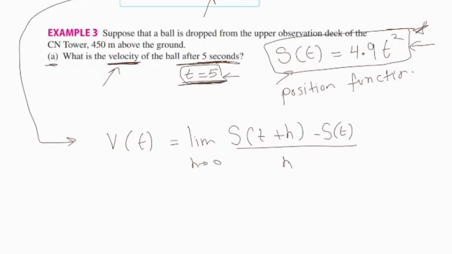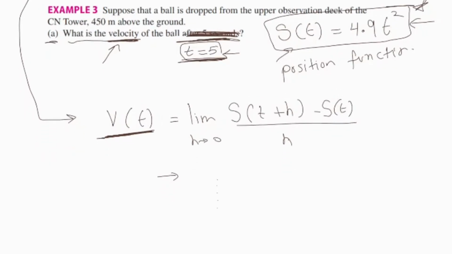If the question was to find the velocity of the ball in general, then I would find it in terms of t, and the velocity at the end would be in terms of t.